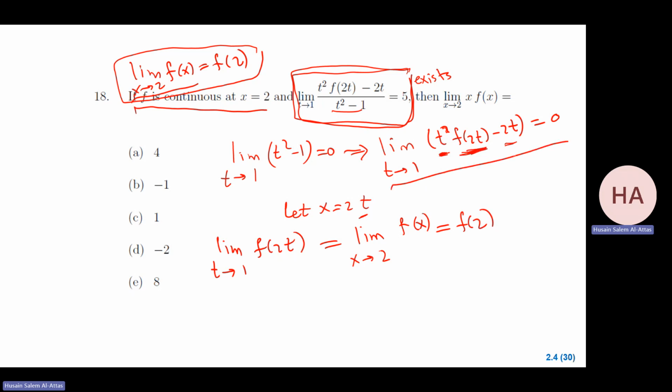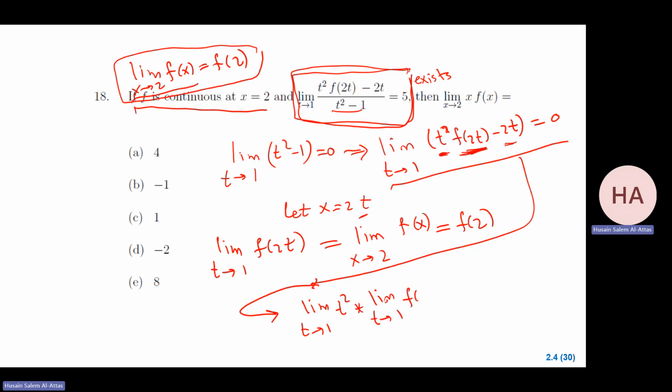So that statement means what? It means the limit as t goes to 1 of t square times f of 2t minus the limit as t goes to 1 of 2t should equal 0. So this will be 1, that will be f of 2 minus 2 equal to 0.